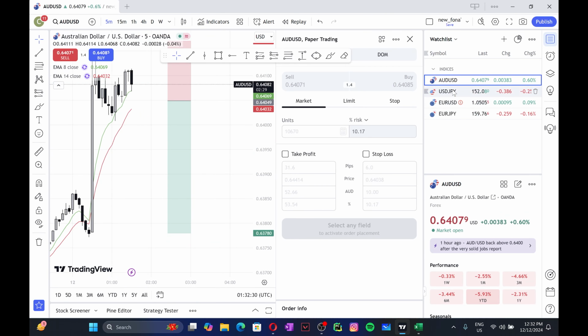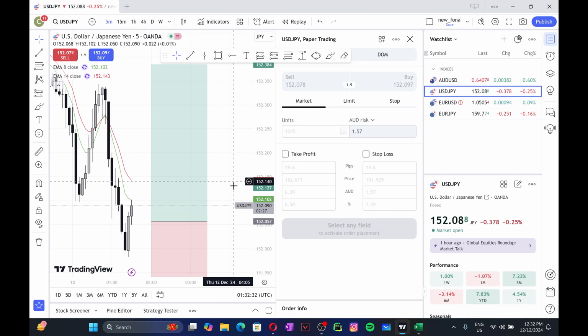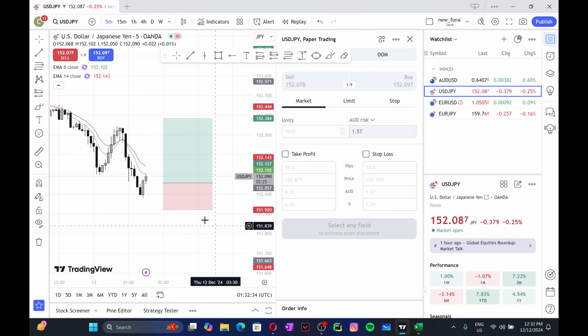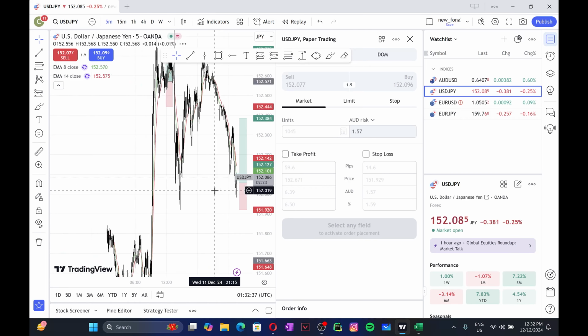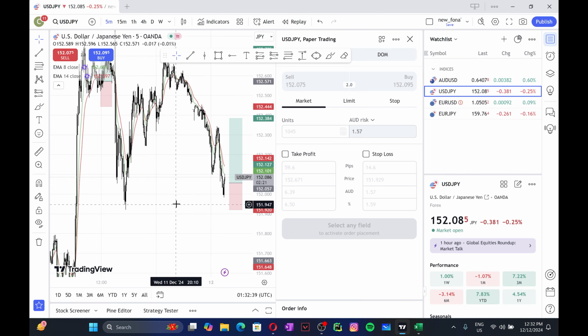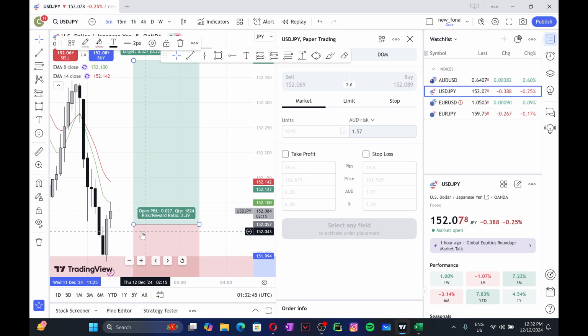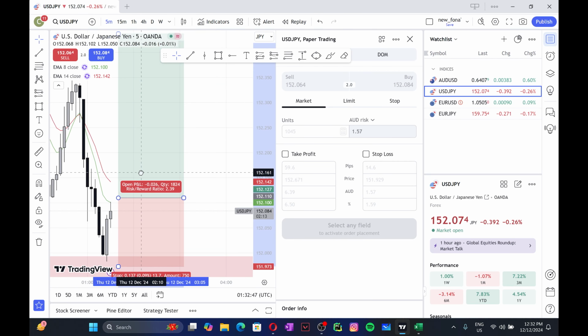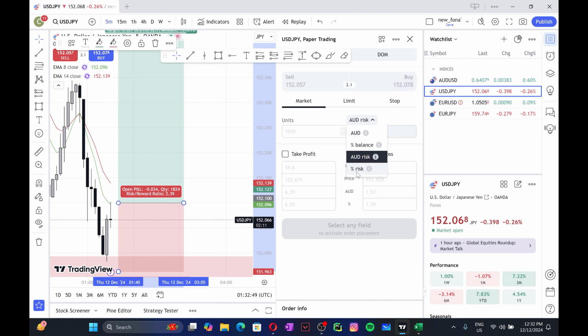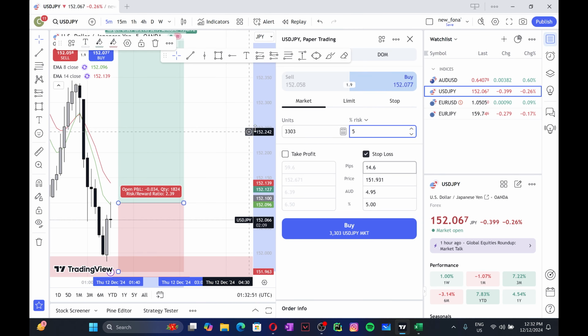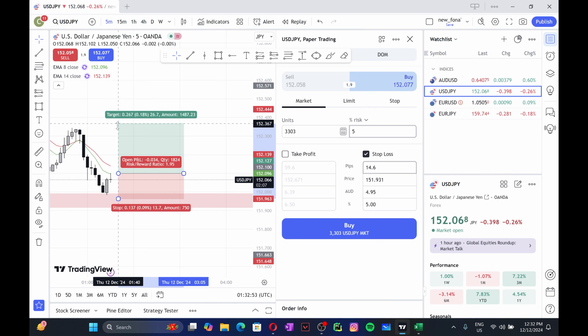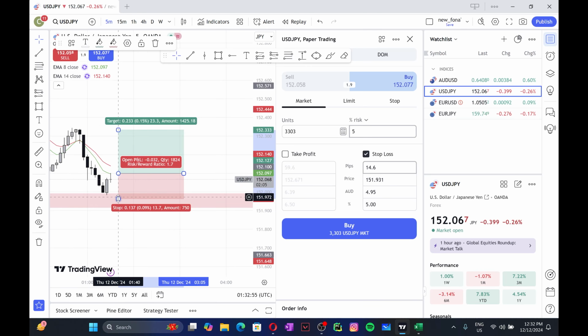Okay, now what I'm going to do is I'm going to go into this and see. So maybe we don't know about that. And this, I believe that it's actually going in an uptrend now. So what I expect the price to do is come all the way down to there, which it already entered the zone, and go up. So I'm going to set this up as well. I'm going to have my risk percentage to 5, and I'm going to have my take profits set about there, and my stop loss around there.